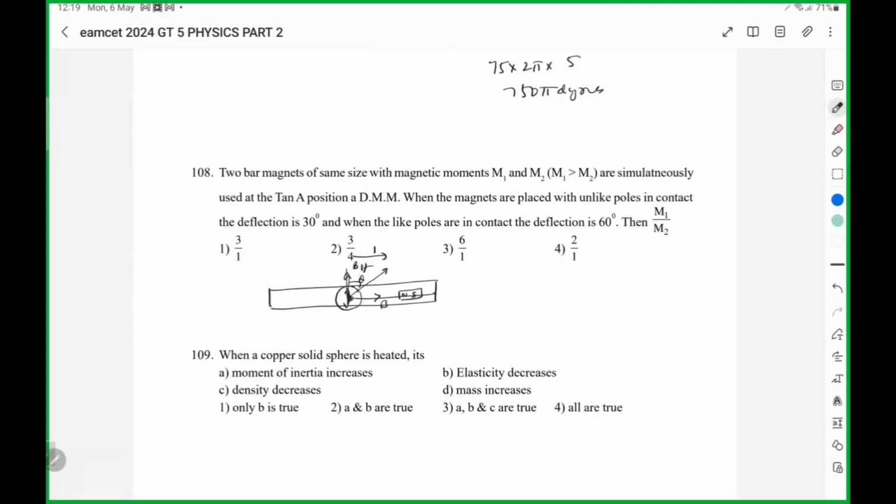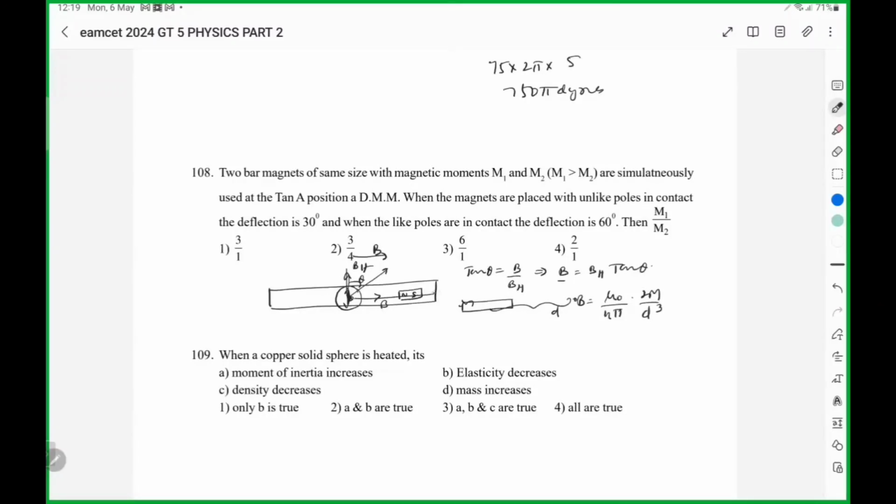So tan theta will be B by BH, so B becomes BH. In tangent position, the magnetic field at a distance d will be mu naught by 4 pi into 2M by d cube. This is due to the magnet.